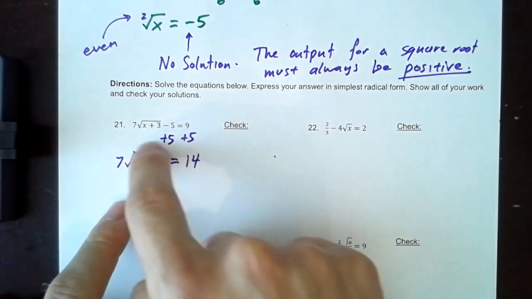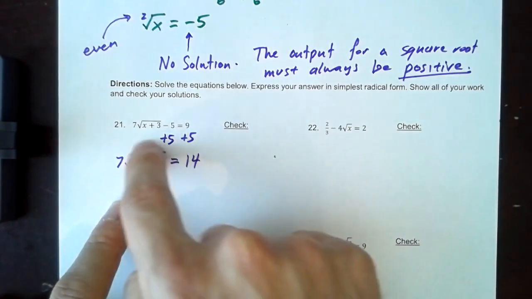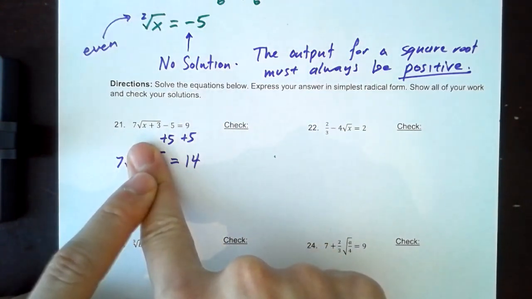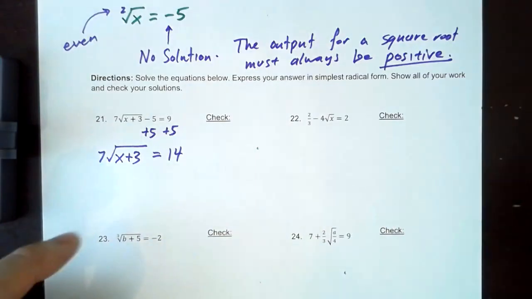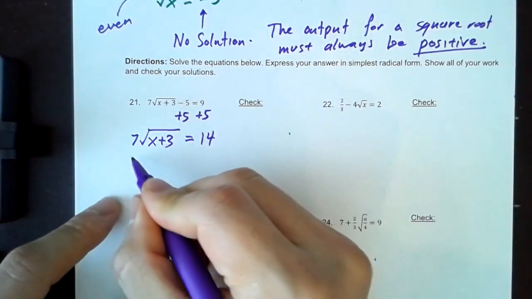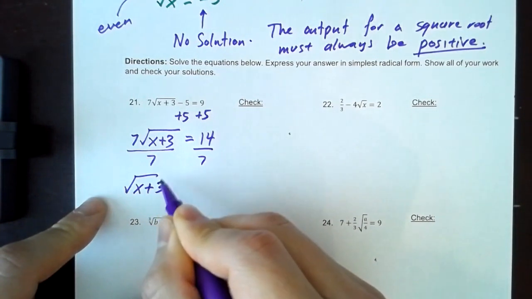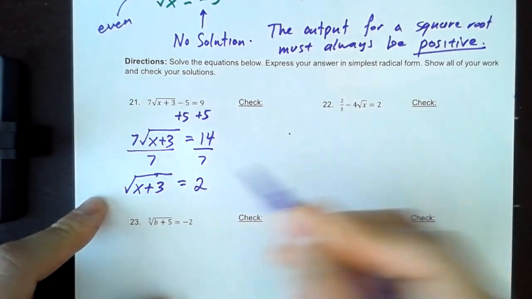So you know that this square root of x plus 3 has to equal 2, because 7 times 2 is going to equal 14. So I'm going to divide both sides by 7, and we get the square root of x plus 3 is equal to 2.